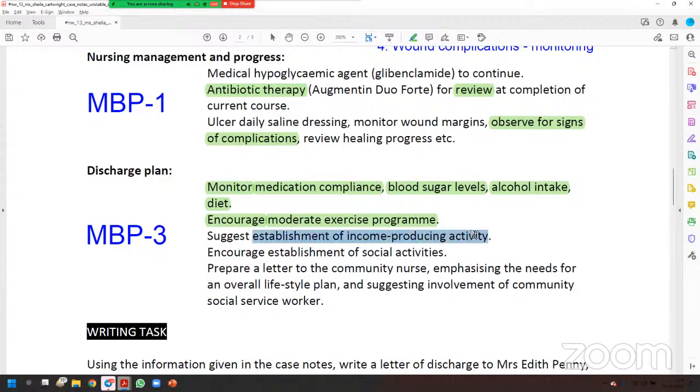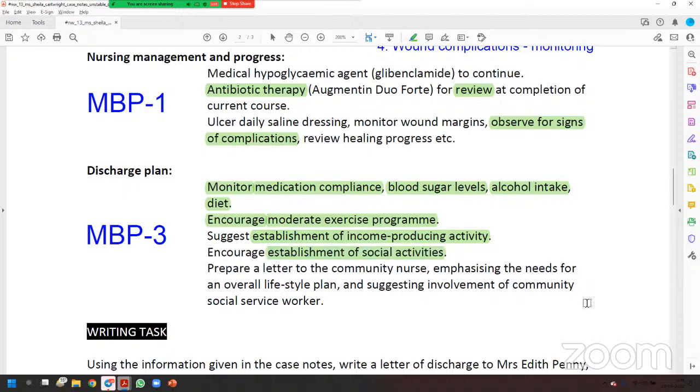The next one, establishing an income generating activity or program is necessary because she has to survive. The money is not enough, so she has to participate in some income generating activity, some activity where she'll get some money so that she can sustain herself. And next one, establishment of social activities.